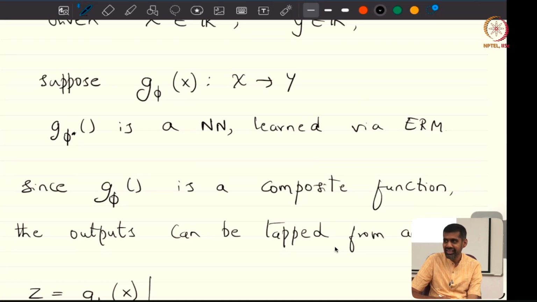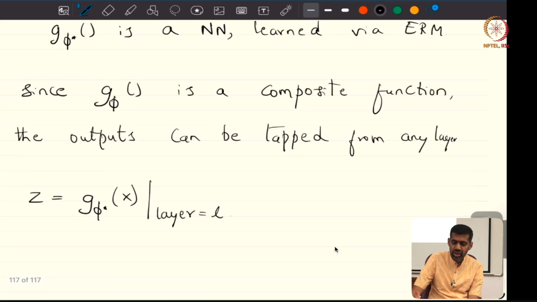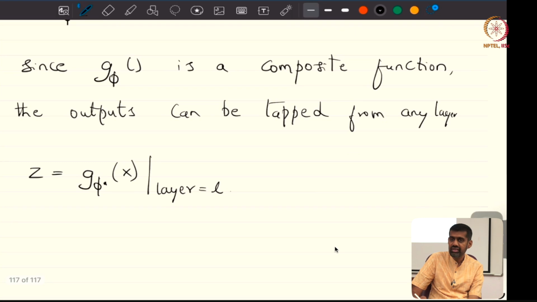After you train, you get a set of parameters. That's what I am indicating by G star. Now Z can be the output that we have obtained on data at the Lth layer of the neural network, and this L can be anything. This is typically referred to as the embedding of X from G star.